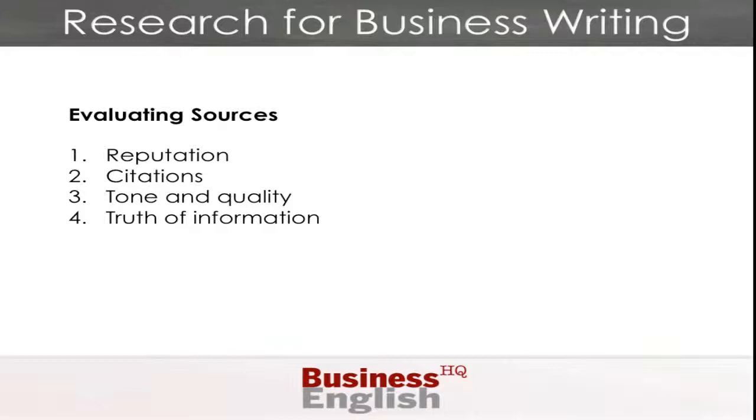You need to understand the reputation of the author or the website. If it's a great website like BBC, okay, you can trust them. But if it's a website like, I don't know, bbr.myopinion.info, right, you probably can't. My apologies if that's a real website. I was just trying to make that up.